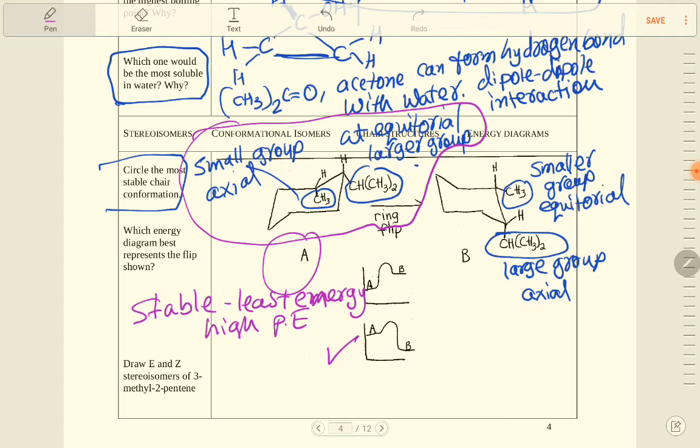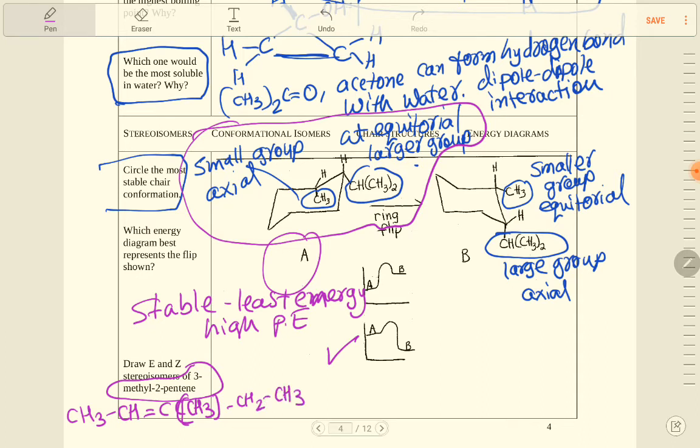Now draw E and Z stereoisomers of 3-methyl-2-pentene. So this is 3-methyl-2-pentene. I'm going to draw this structure on the side. CH3, and then we will draw E and Z configuration.